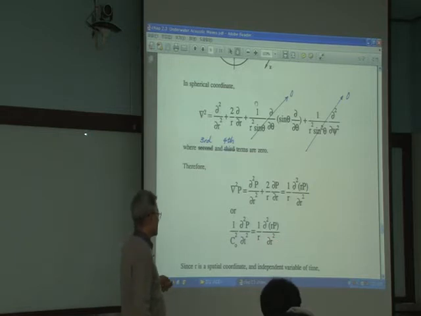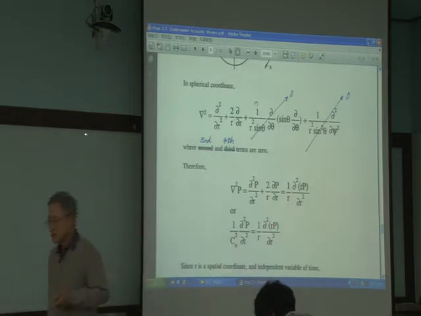Then I can claim that R is a spatial coordinate and independent variable of time. Then I can associate R with P. Then left side is RP here, right-hand side is RP there.